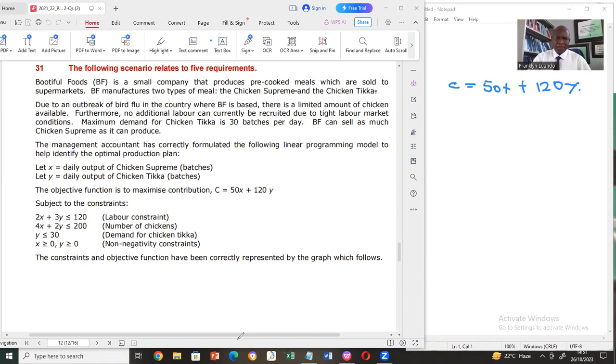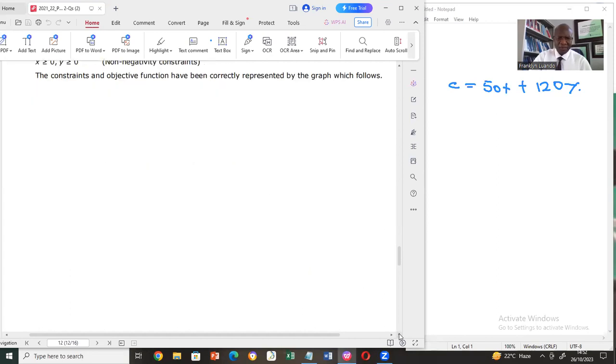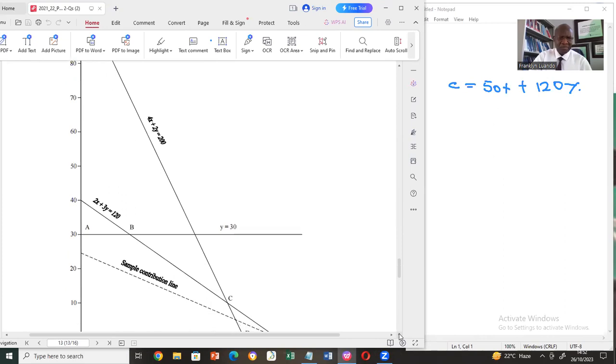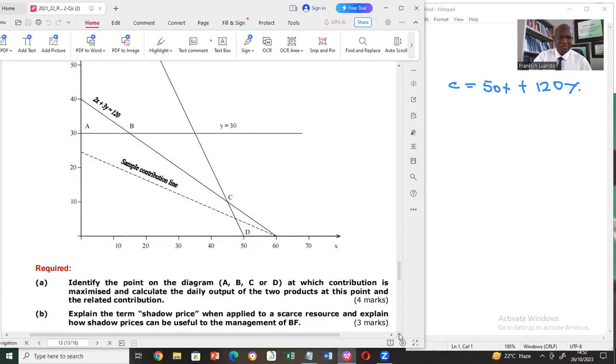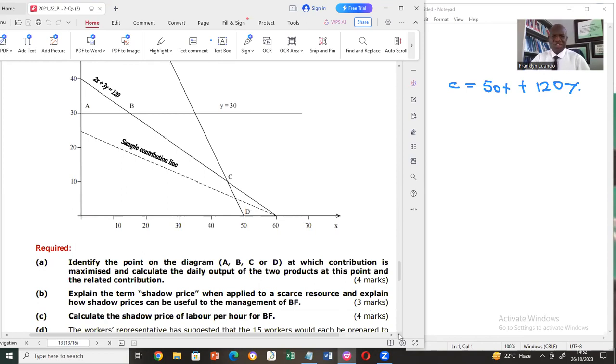Now we go to the diagram. Under this diagram, we are asked to identify the points on the diagram, A, B, C, or D. These points are in the feasible region.